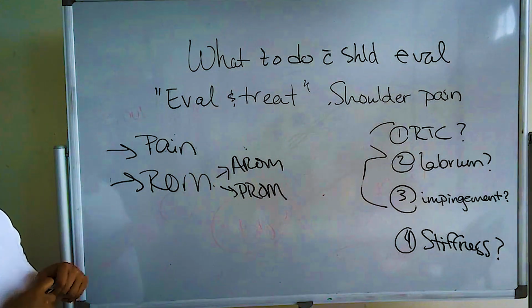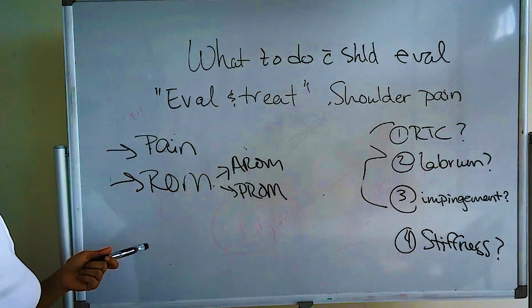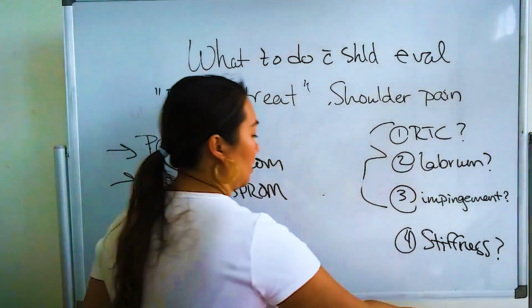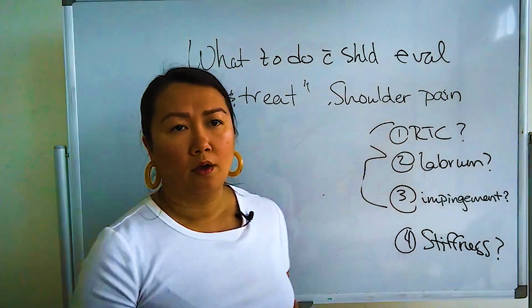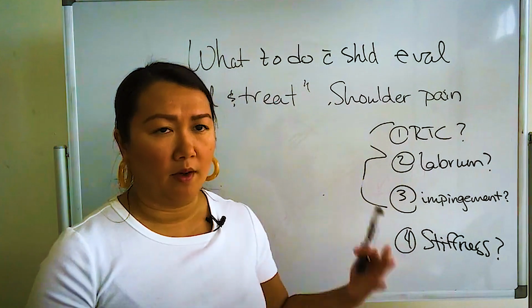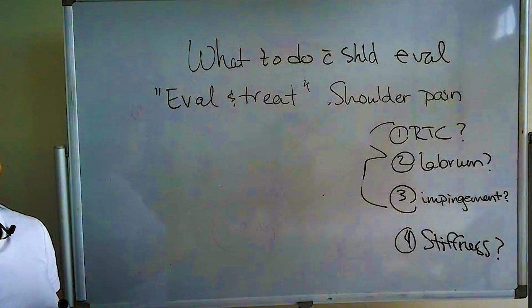So if someone comes in, they have shoulder pain, how should I do this? What's the easiest way, you think? Because there's a lot of things that can happen. So let's think about what scenario it could be.